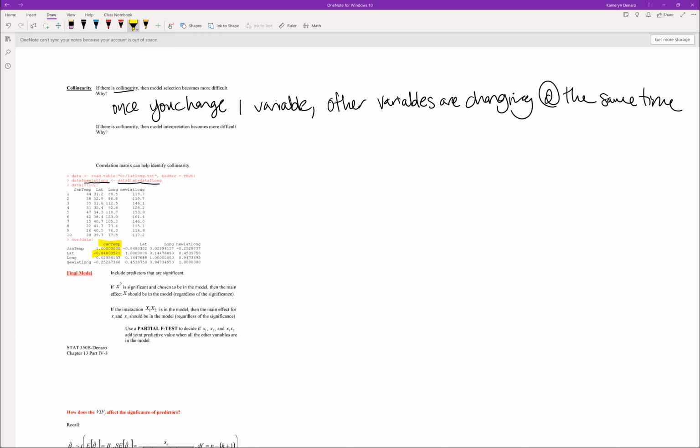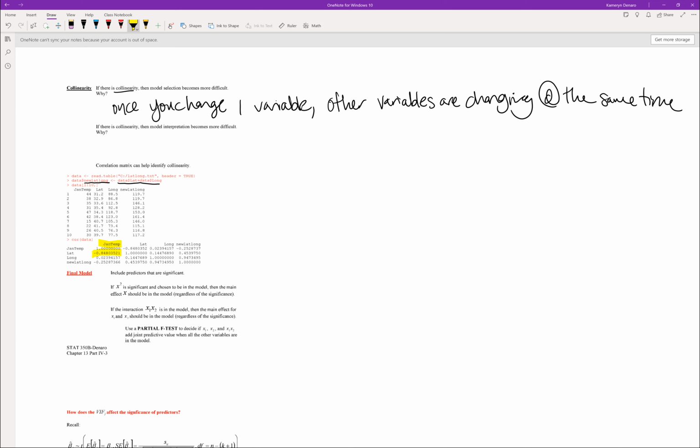One of the reasons for this is that, if you remember from the plots in the previous videos, both latitude and longitude didn't quite have a linear relationship with January temperature. Latitude actually had more of a parabola shape, and the longitude had a cubic shape. So we're not surprised that longitude has a weak correlation with January temperature, because this is testing the strength and direction of a linear relationship.